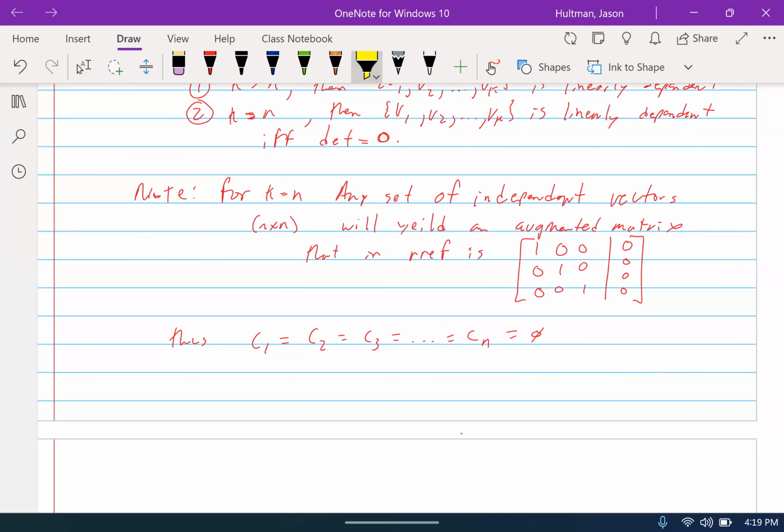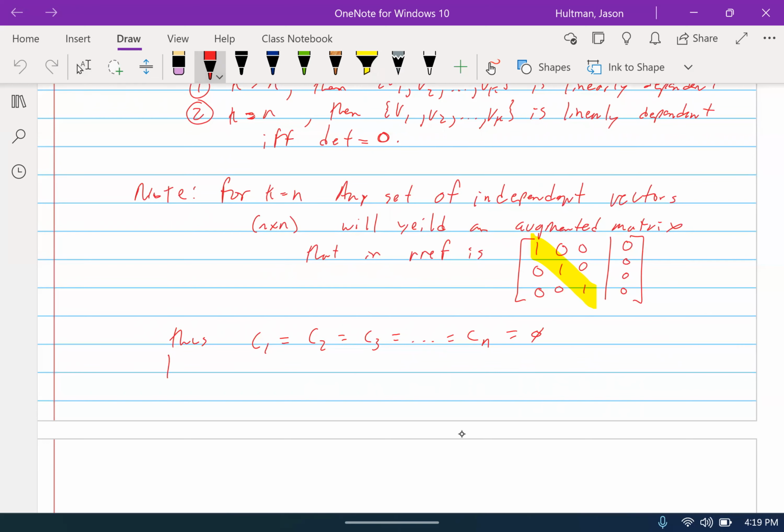I'm referring to this diagonal, because that's what's going to get me C1, C2, C3. If 1C1 plus 0C2 plus 0C3 is equal to 0, then the only way that's true is if my constants are all 0.